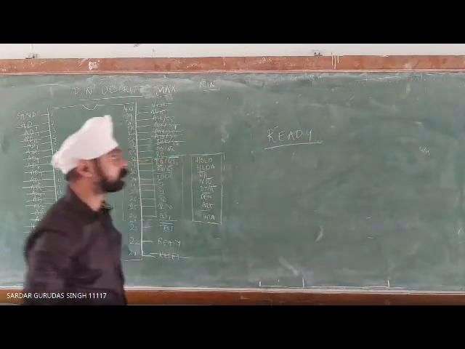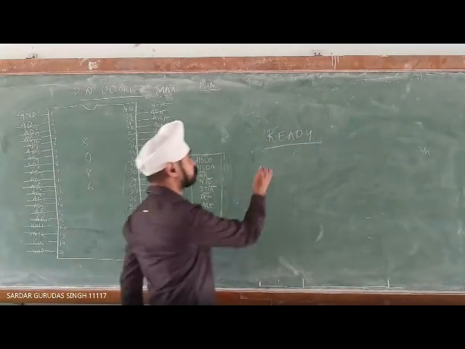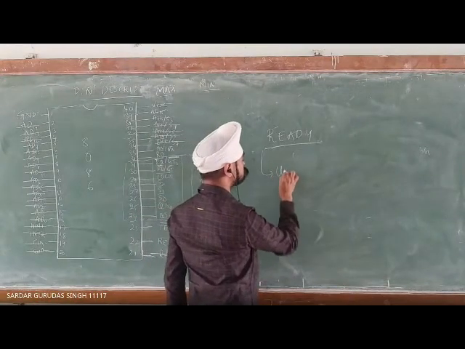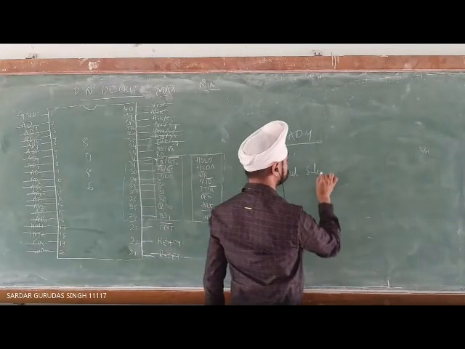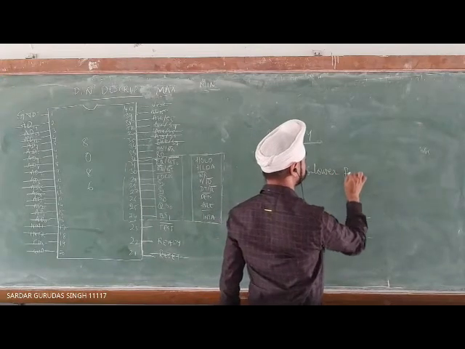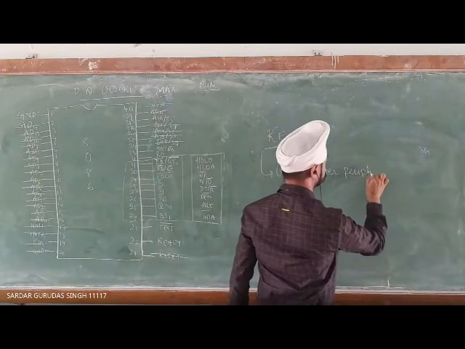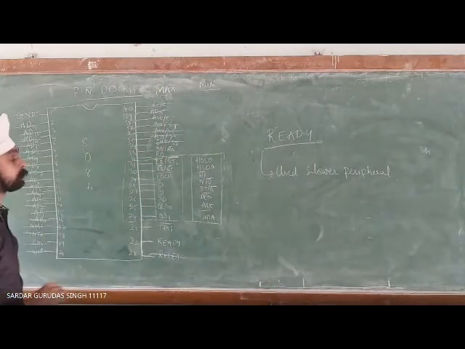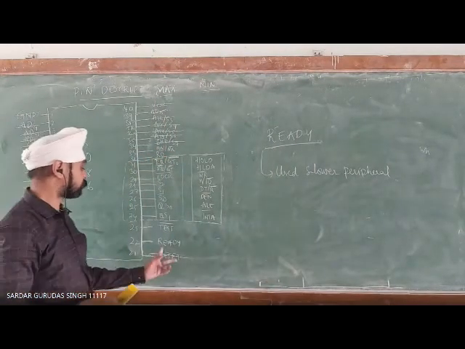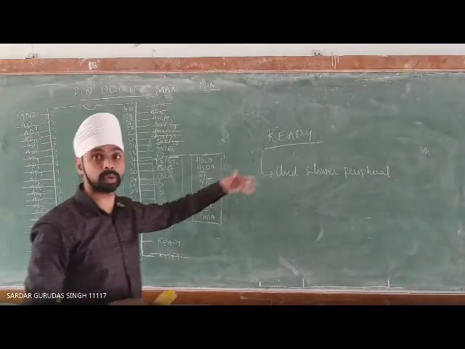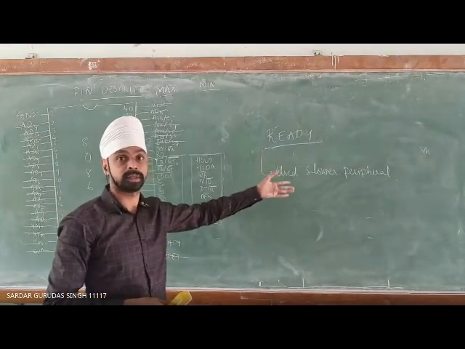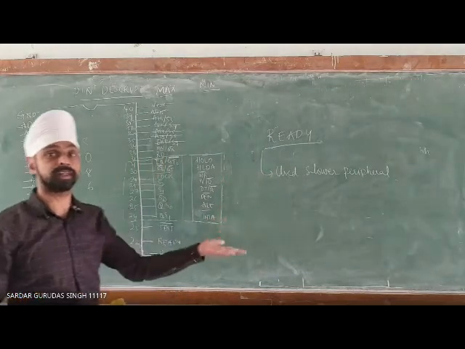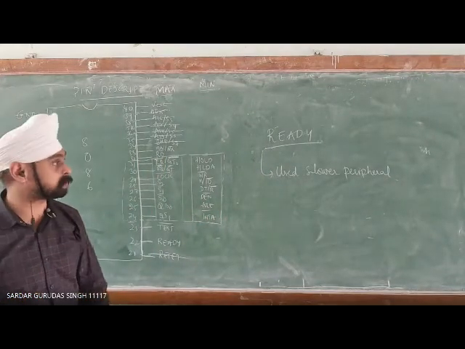The next is the ready signal. This signal is used by slower peripherals as an acknowledgement signal, whether they are ready to send the information or whether they have received the information.